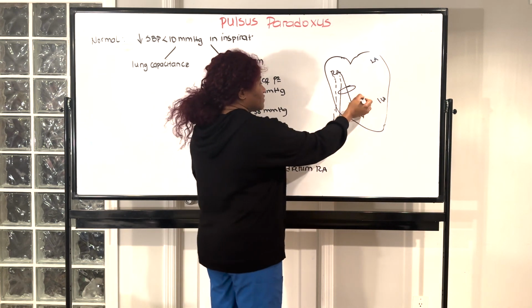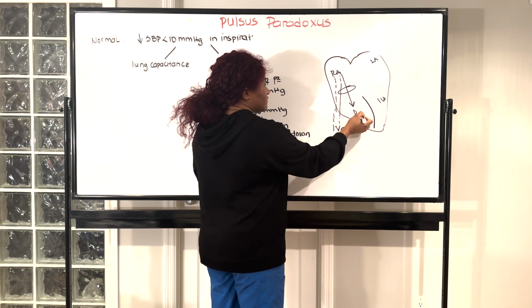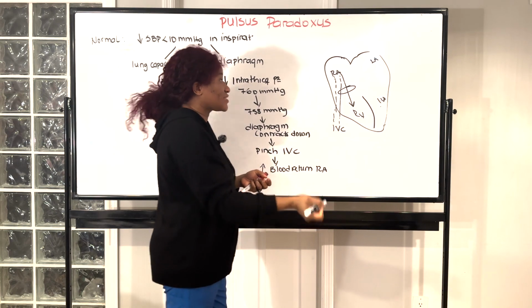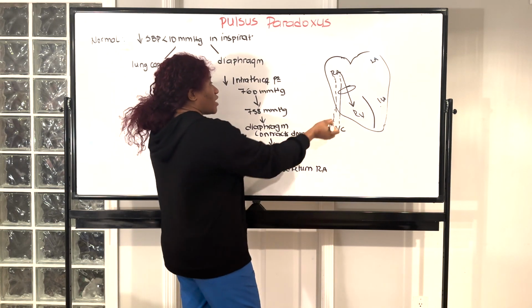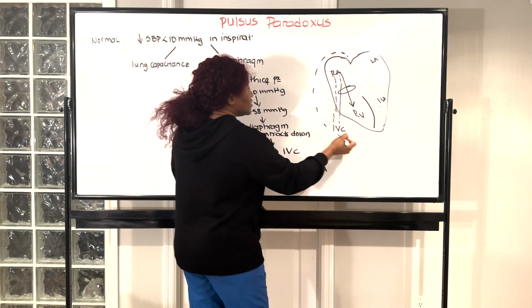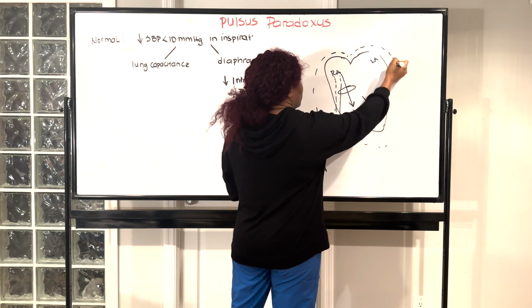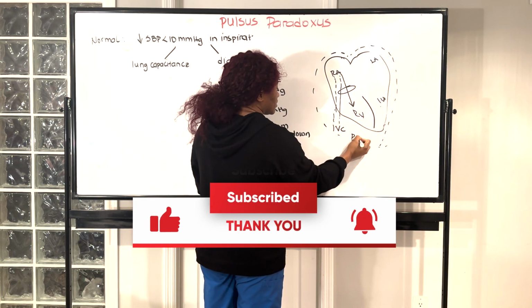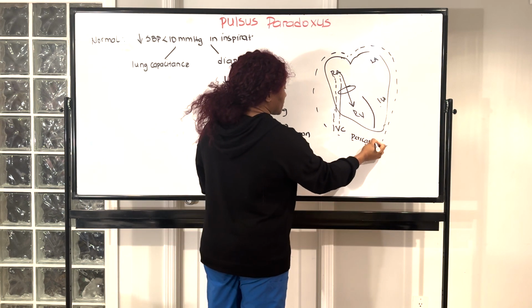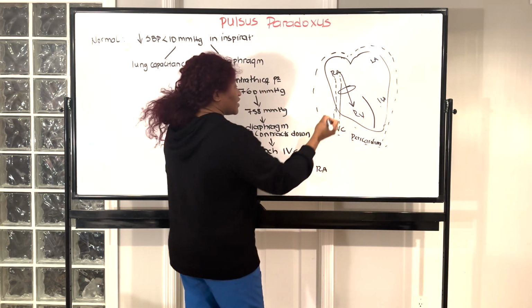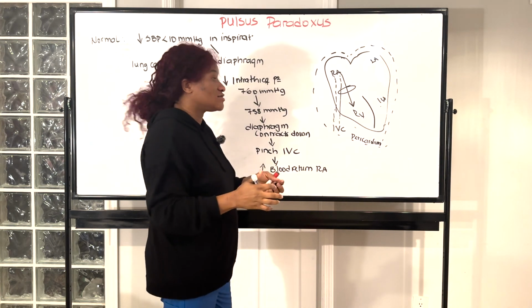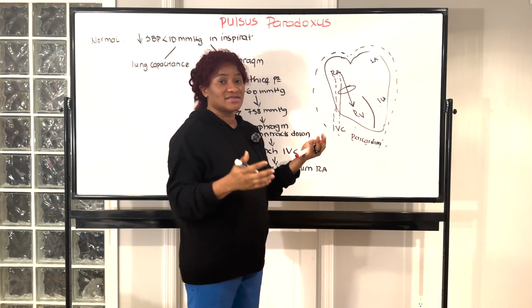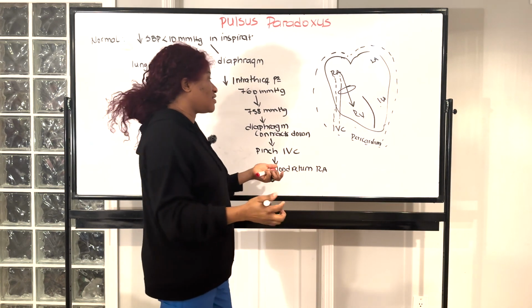Now we have a septum here that divides the right ventricle from the left ventricle, and also around the heart we have a fibrous sac that we call pericardium, and it can be divided into visceral and parietal, and we have a little bit of fluid in here that acts as a cushion for the heart.